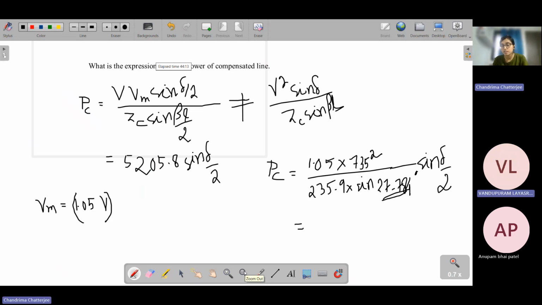That's what I was saying, that you will have to take more decimal points. Otherwise, it will differ too much. Actually, I got 27.784 degree. So 735 square divided by 235.9, for me it is coming 5158.45, something like this.